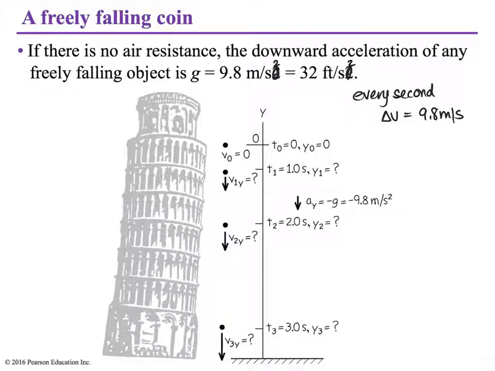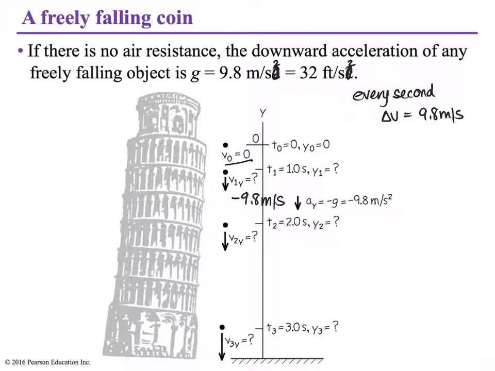In this picture, they want you to figure out the velocities and the position of a falling coin if it's just dropped from an initial velocity of 0. After 1 second, that's pretty easy. The speed will be minus 9.8 meters per second because it's only had 1 second to go.